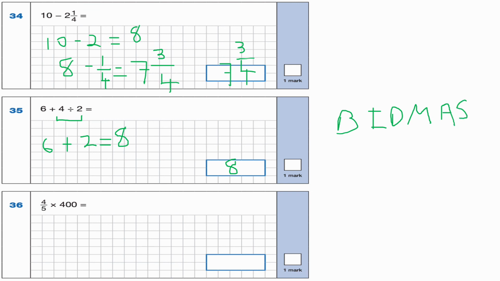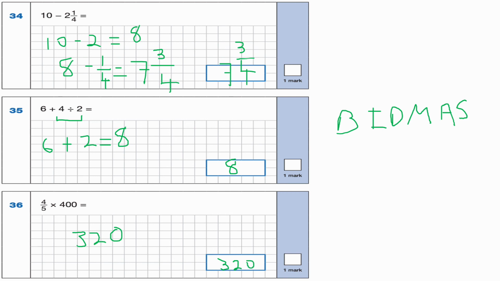Okay, question number 36 is a fraction of an amount. Okay, fraction times the whole number. I do 400 divided by 5 is 80, times by 4 is 320. Okay, I divide the whole number by the denominator, and then I times by the numerator. Okay, so divide by the bottom, times by the top.